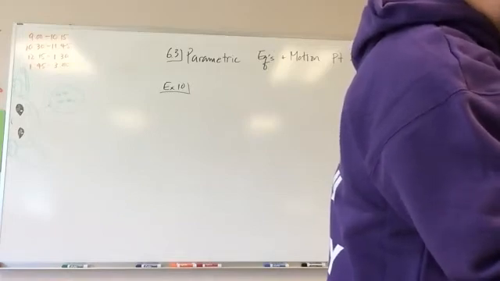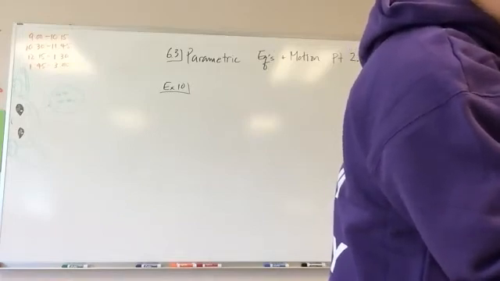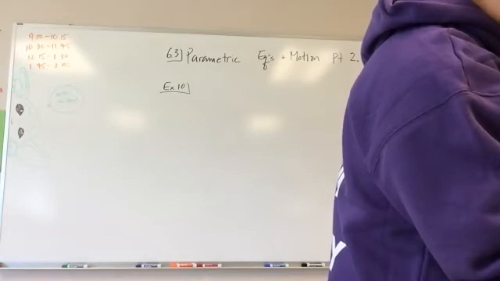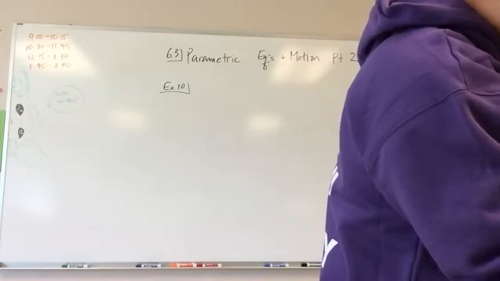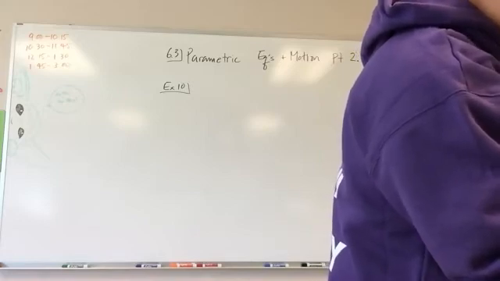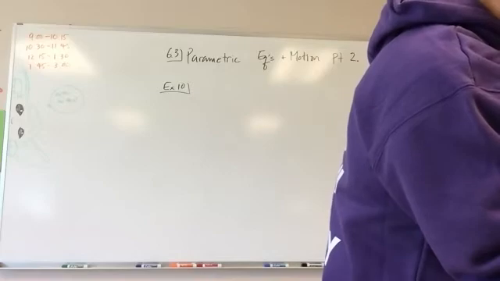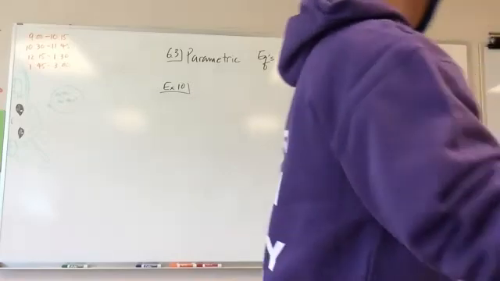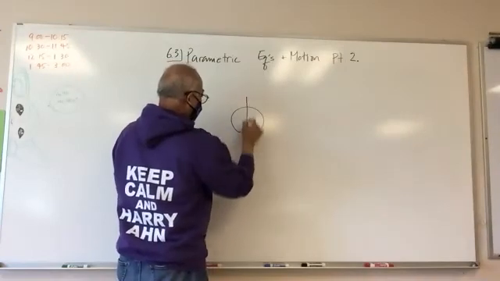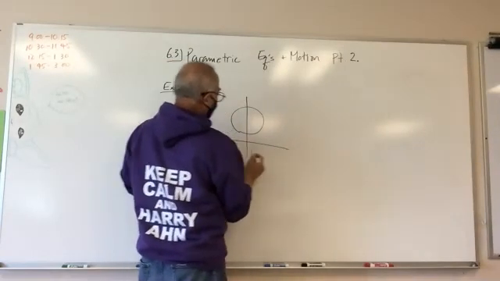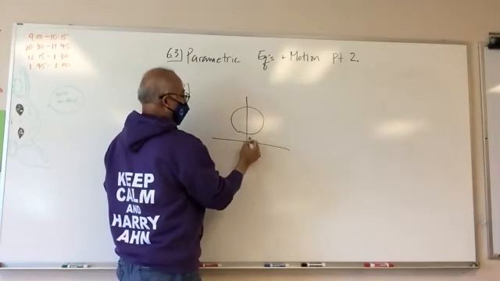The wheel is turning counterclockwise at the rate of 1 revolution every 30 seconds. Assume that the lowest point is 10 feet above the ground. So it's a radius of 30, and it's 10 feet above the ground.